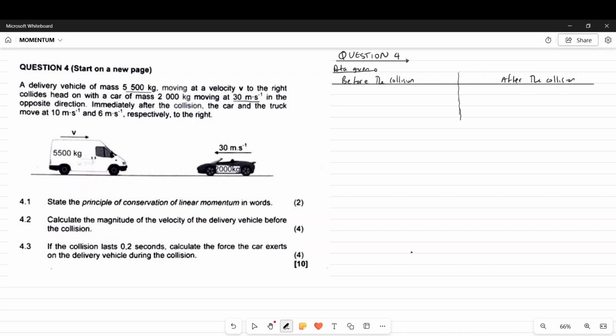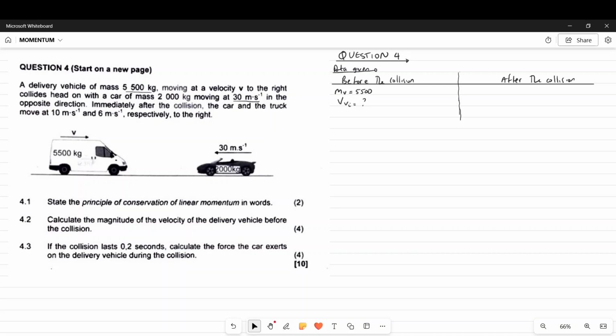Now, before the collision, we had the mass of the vehicle. You can call that mass V. Mass of the vehicle before the collision was 5,500, and its initial velocity we're just going to say is unknown.